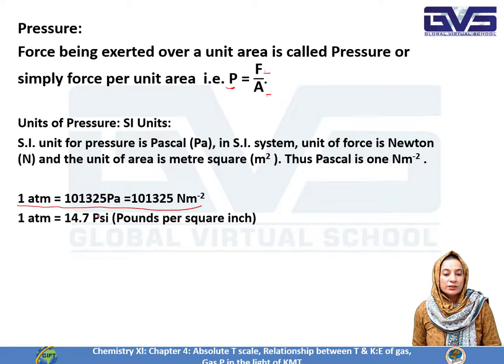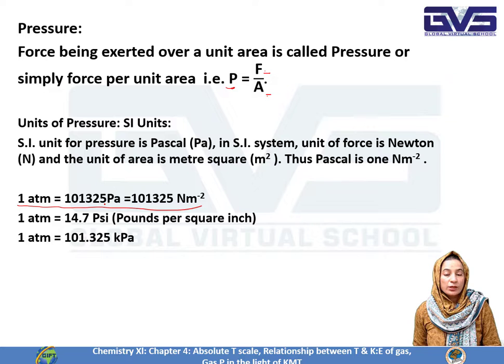And there is one other unit called pounds per square inch. So 1 atmosphere is equal to 14.7 pounds per square inch. And what is the difference between Pascal and kilopascal? Obviously kilopascal is greater. 1000 Pascal is equal to 1 kilopascal.